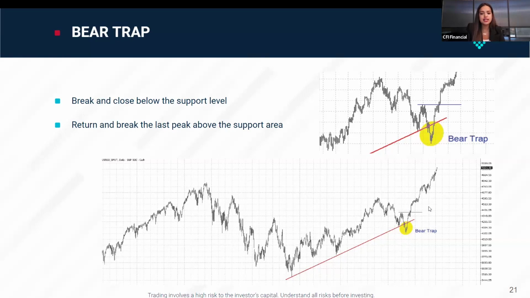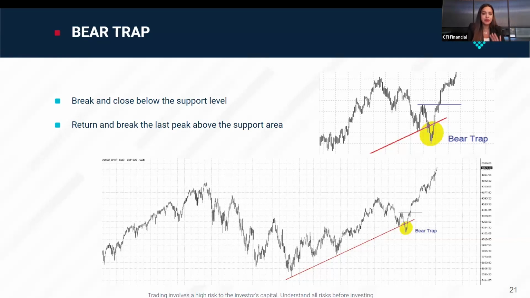The price achieved stability above the last peak. So it is recommended to close your selling position and to start to look for buying positions, as this is considered a bear trap.